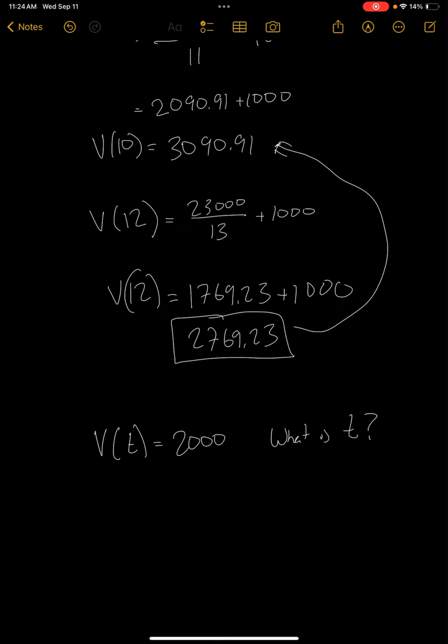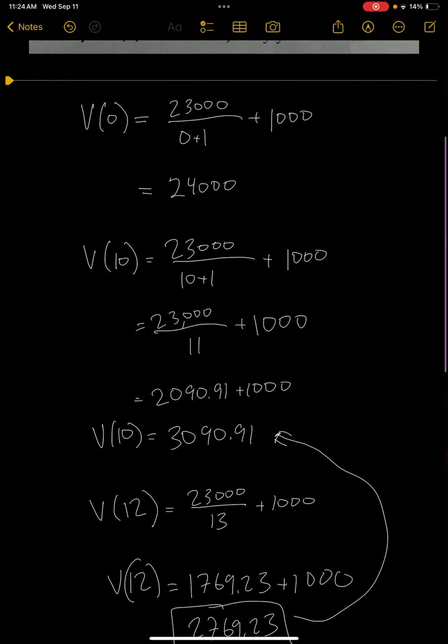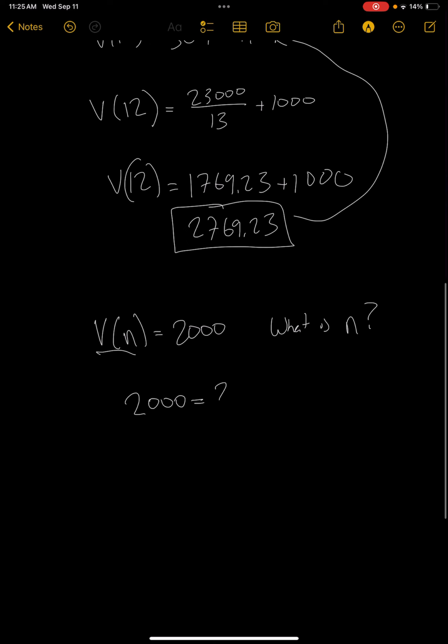What is n? Sorry, did I say V of t? Why do I keep saying t? Sorry about that. V of n equals 2,000. So it's 23,000 over n plus 1, plus 1,000.